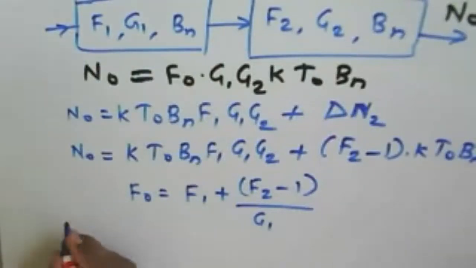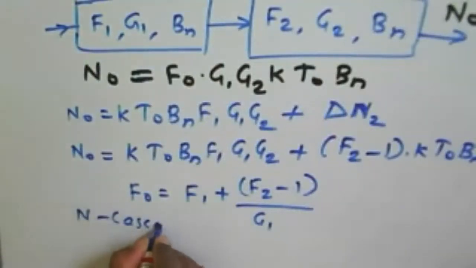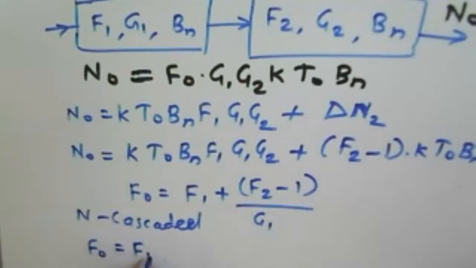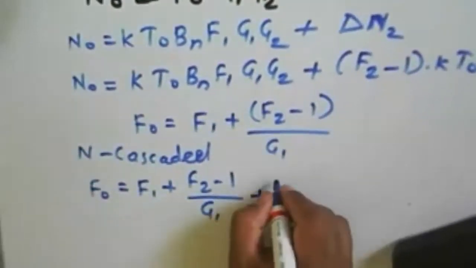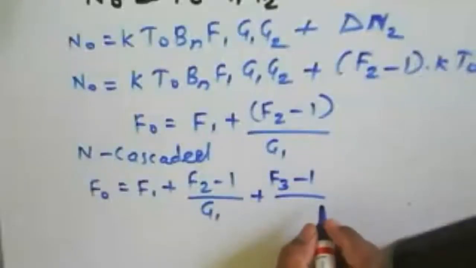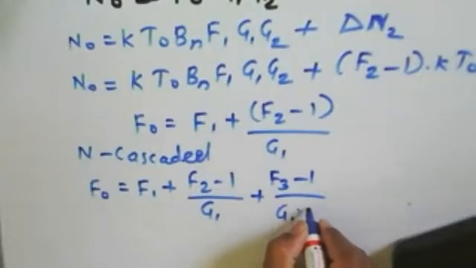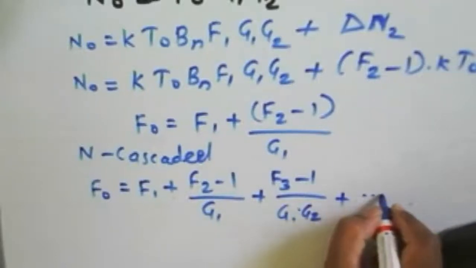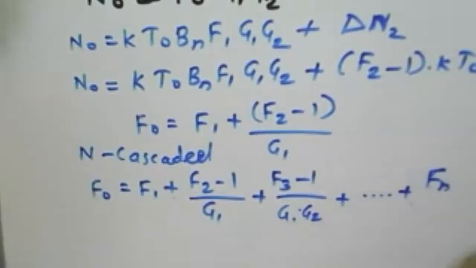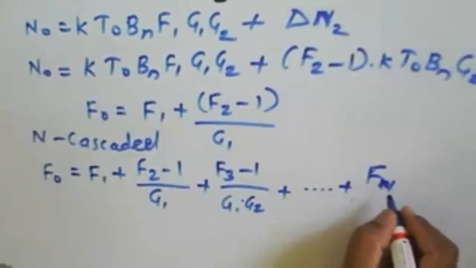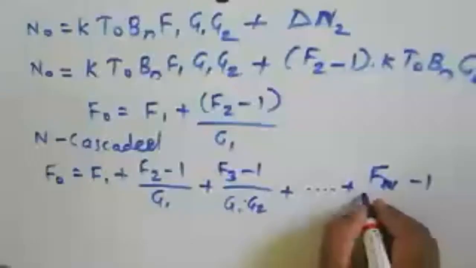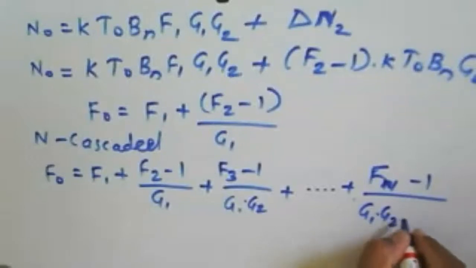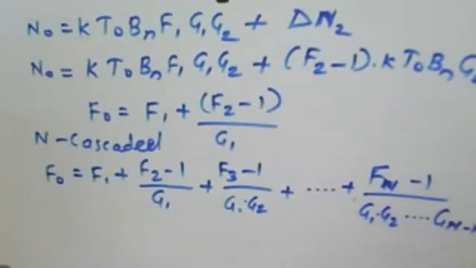So if there will be n cascaded networks, in that case f0 is equal to f1 plus (f2 minus 1) by g1, then (f3 minus 1) by g1 g2, plus up to (Fn minus 1) by G1 G2 up to Gn minus 1.